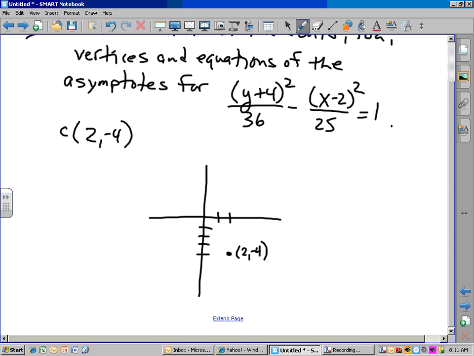What else do we know? Yeah, but how do we get that? Actually, take the square root. A squared is 36, right? So A equals plus or minus 6. B squared equals 25. So B equals plus or minus 5. So from the center, we are going to move. Which way? 6. Up, down, left, or right? Up and down. 1, 2, 3, 4, 5, 6.